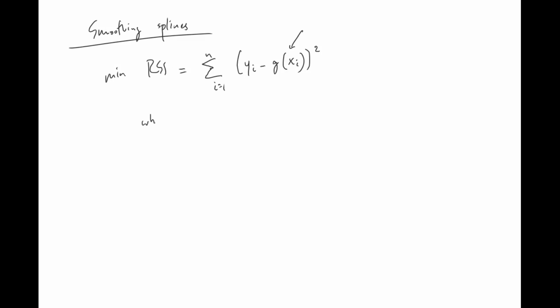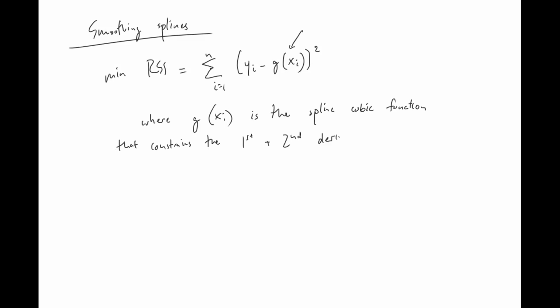And so where g(x_i) is the cubic spline function that constrains the first and second derivatives to be continuous.